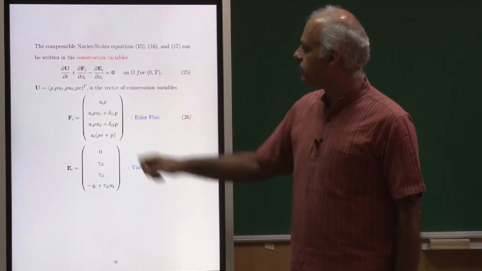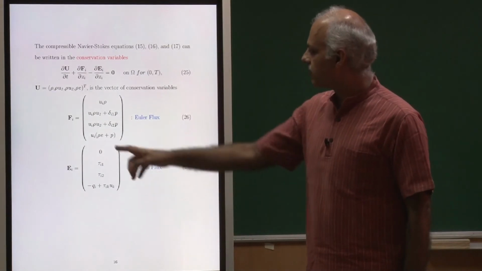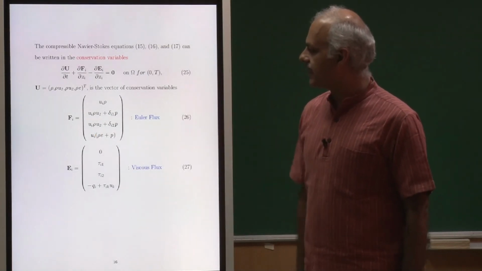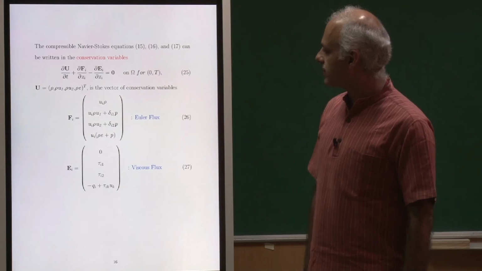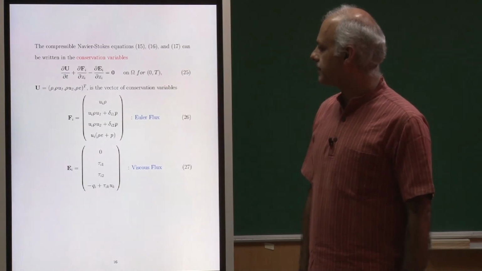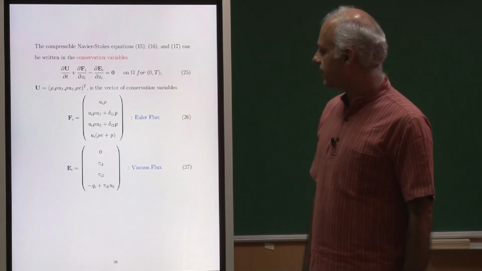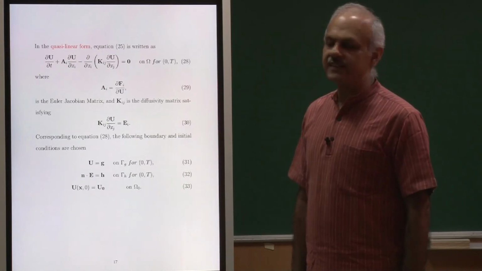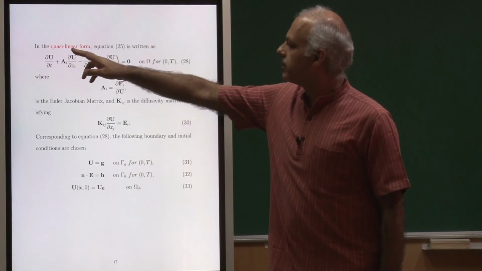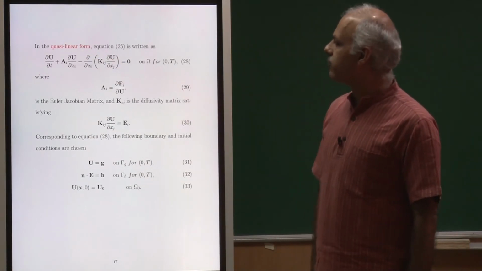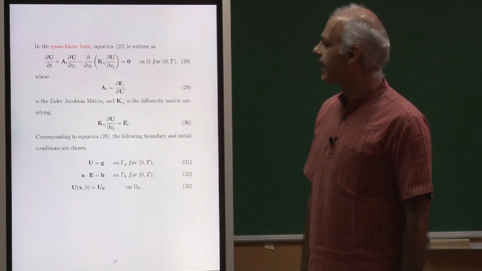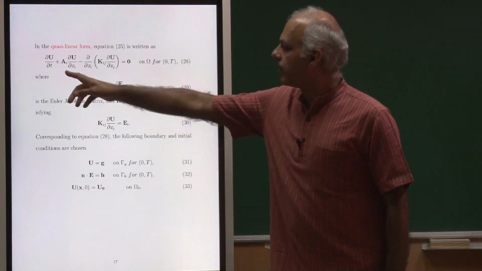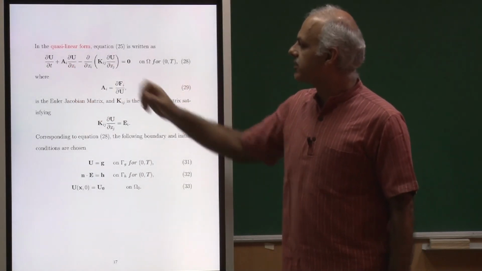Non-linearity with respect to velocities, non-linearity with respect to velocities and temperature, and of course the kinetic energy as well, and so on. Therefore, we try to linearize them. We state them in a quasi-linear form. We rewrite these equations, and that is how these terms are written.